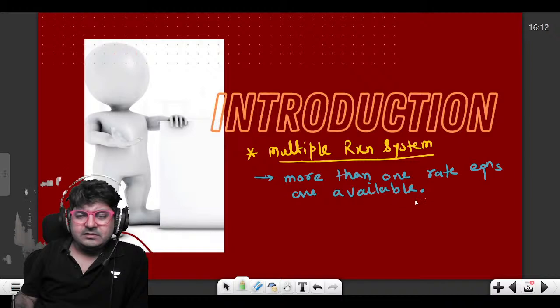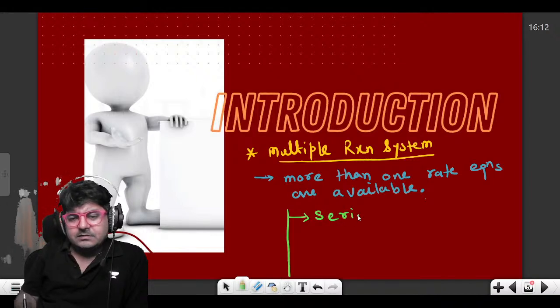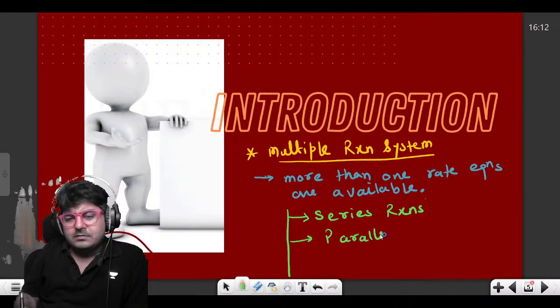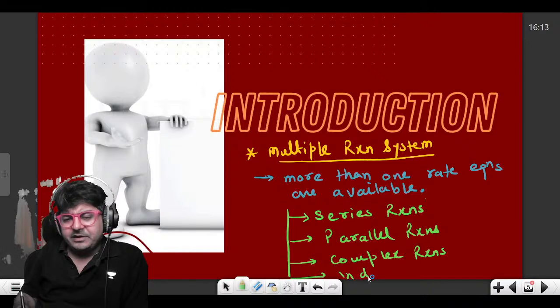And you know that in general we can classify these multiple reactions into 4 categories: series reactions, parallel reactions, complex reactions, and other reactions.